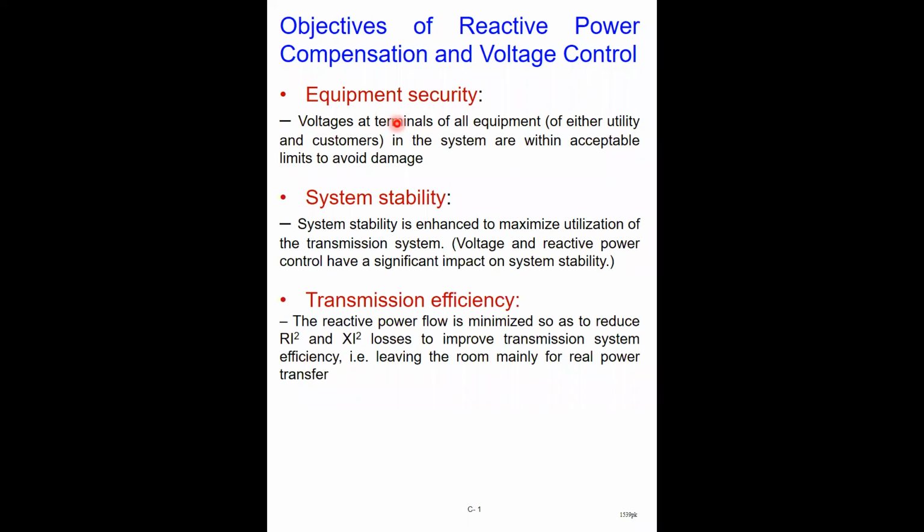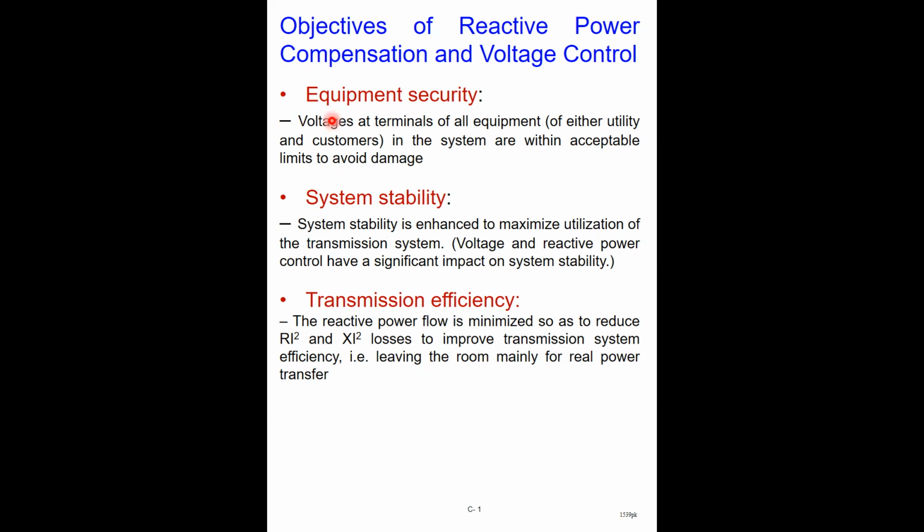So if I say the voltage rating of your domestic appliance, single phase, you have 230-volt AC. So at the consumer end, at the switch point, you should get 230 volts.